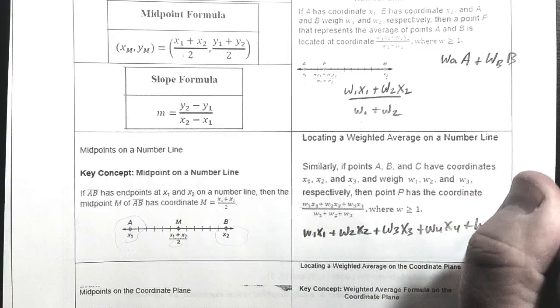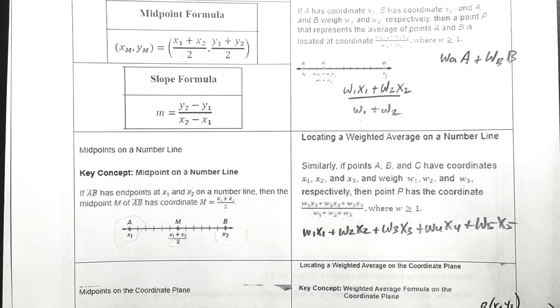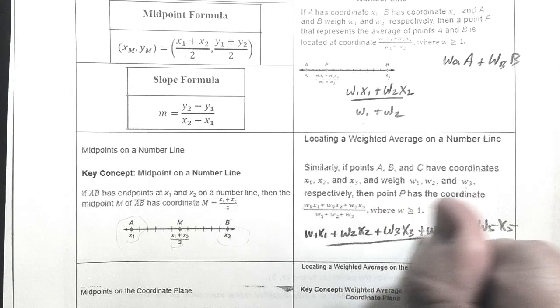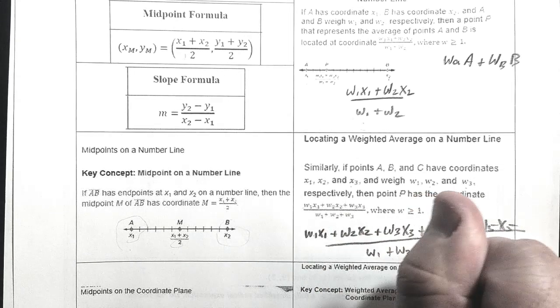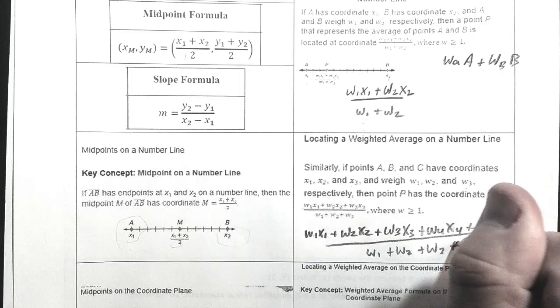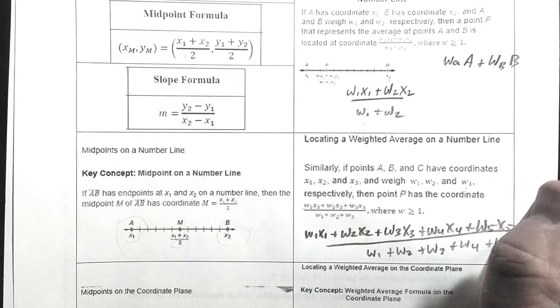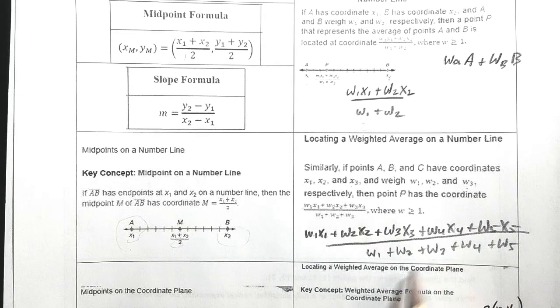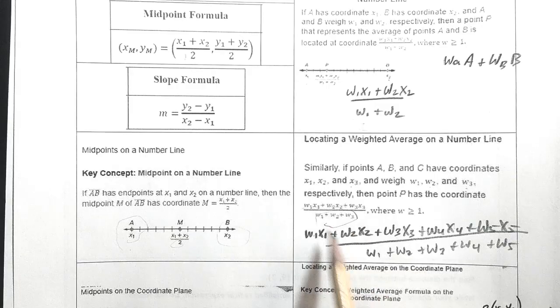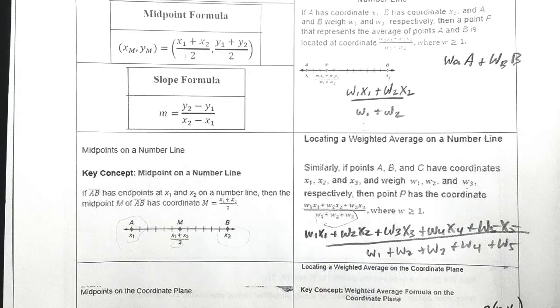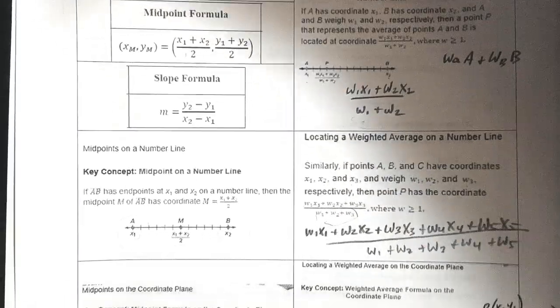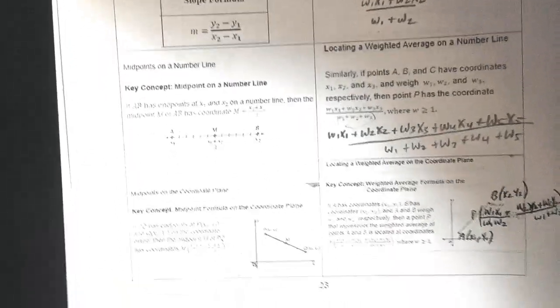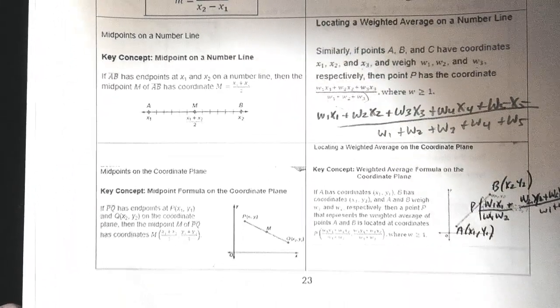If you had a fifth, weight 5, x5. I'm just showing you. And then just like up here, it would be weight 1 plus weight 2 plus weight 3 plus weight 4 plus weight 5. Our problems won't get that far. They might do 3, likely to do 2, but I want to show you that that's the pattern. So just know the weight times the coordinate when it's on a number line.